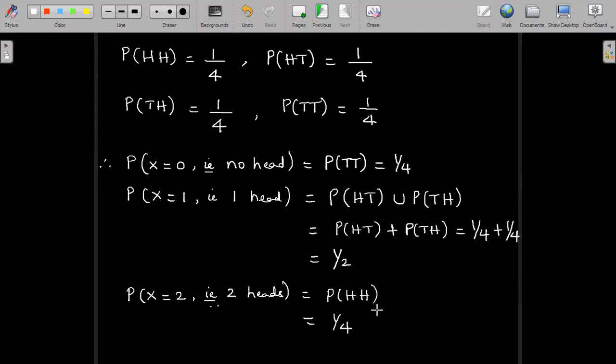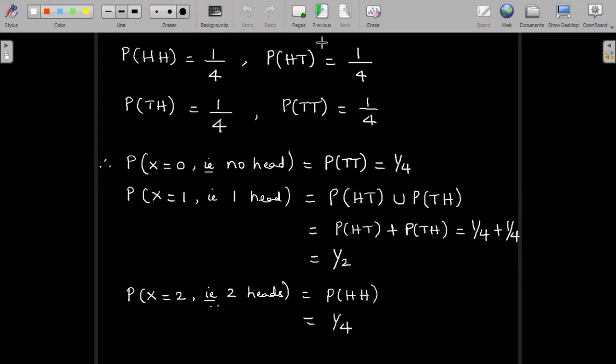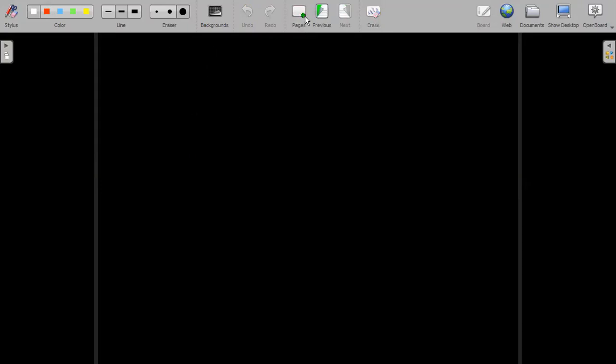Now for every real value associated with a range of x, that is 0, 1, 2, we have found out the probability of getting those numbers: x is equal to 0, x is equal to 1, and x is equal to 2. If we tabulate the same thing, that gives us the discrete probability distribution for x.